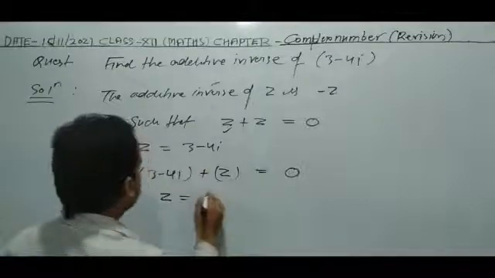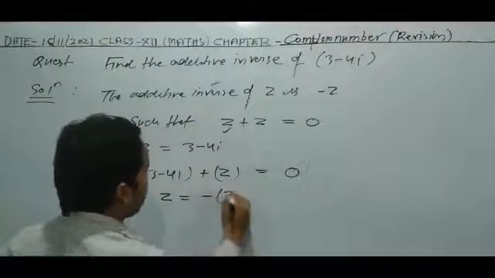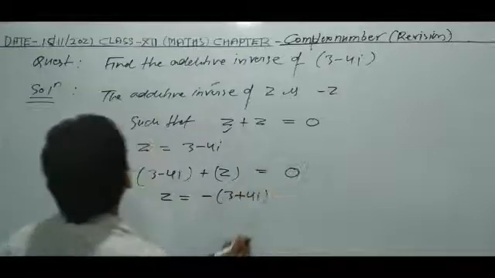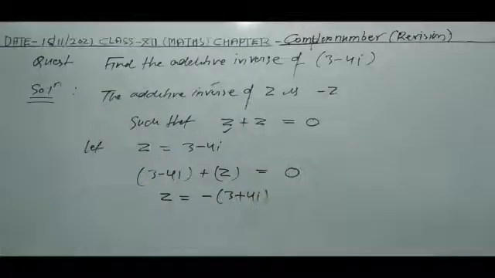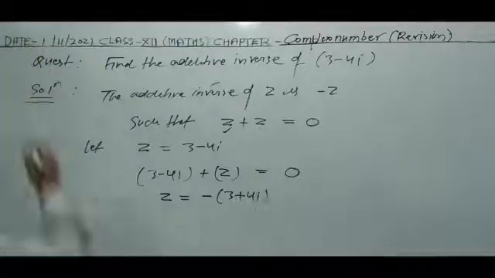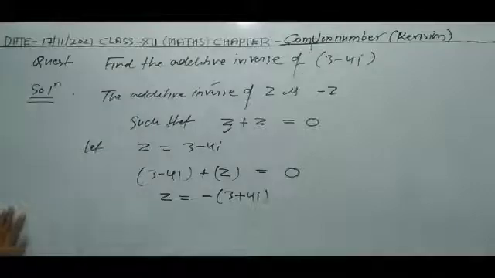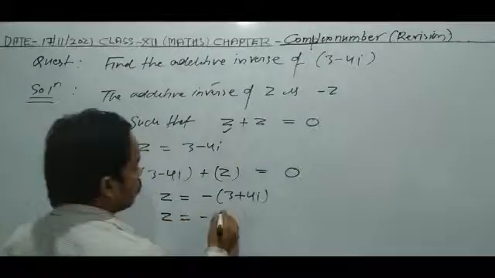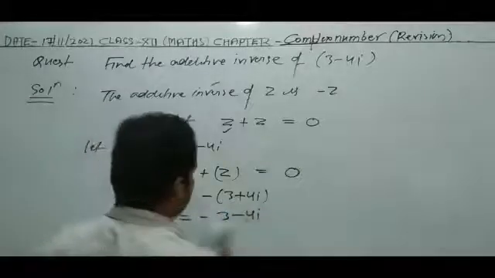So the result will be z is equal to minus times 3 plus 4i. So z will be equal to minus 3 minus 4i.